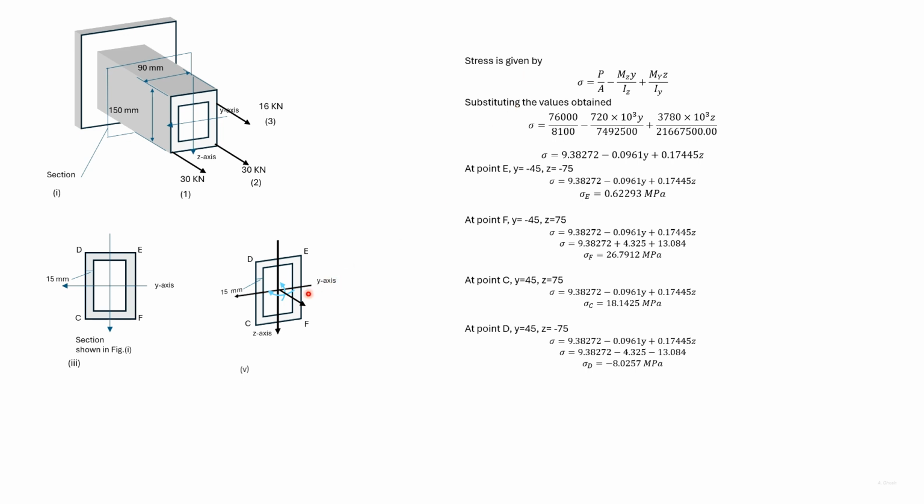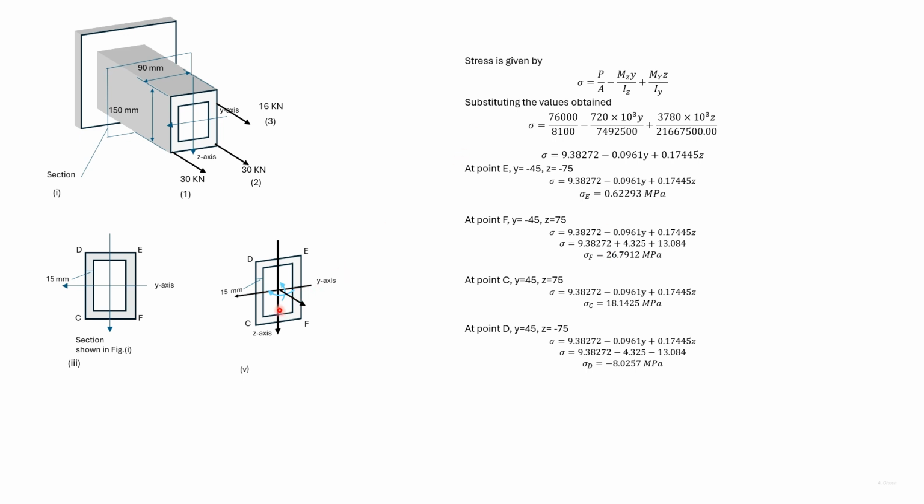The tail of the two arrows fall in this quadrant in which F is a point. So we expect the stresses at F due to both moments to be positive. This is what we get, and the tensile stress at F is higher than the other points.